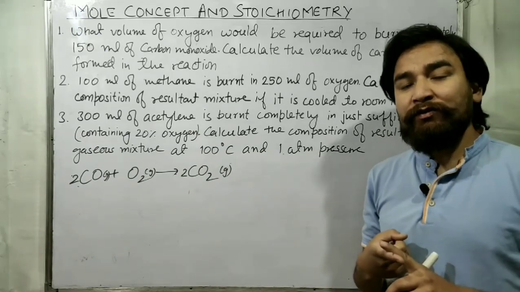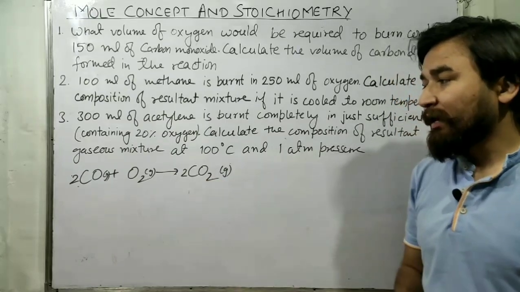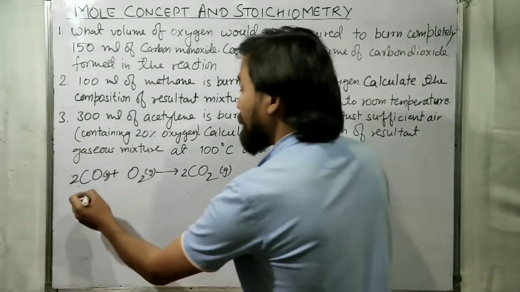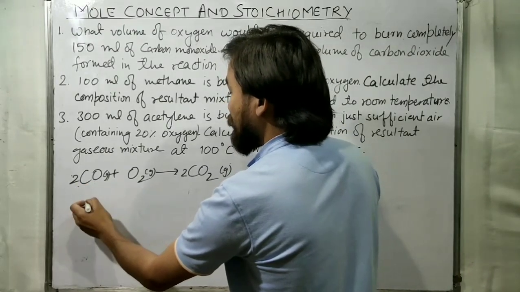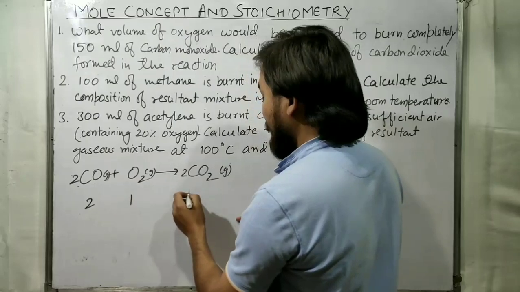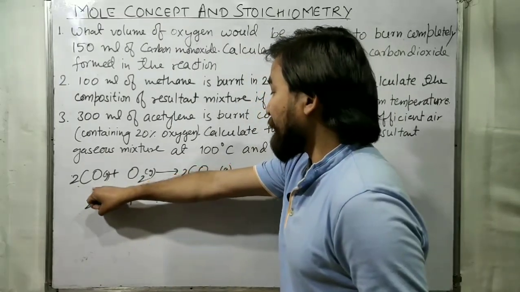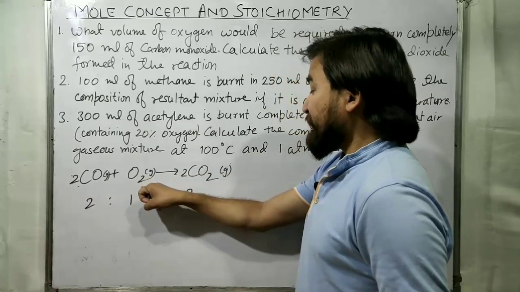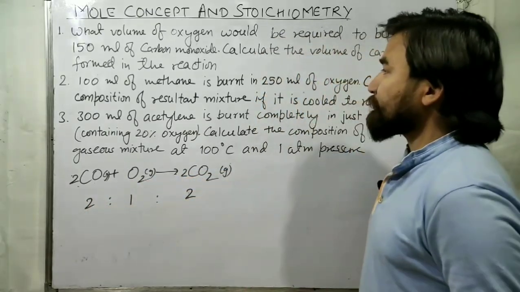So our first work is to obtain the balanced chemical equation. Now we note that the volume of carbon monoxide is 2, oxygen is 1 and carbon dioxide is 2. So what is the ratio of volume of carbon monoxide, oxygen and carbon dioxide? That is 2:1:2.